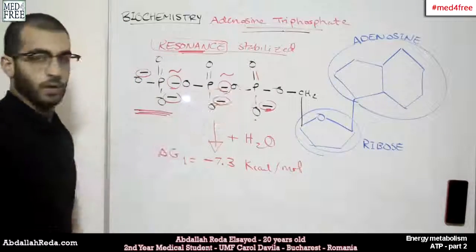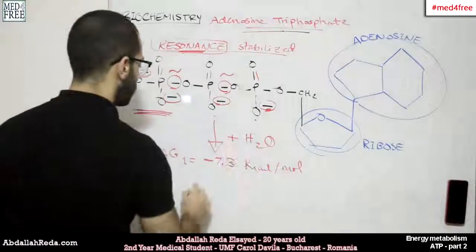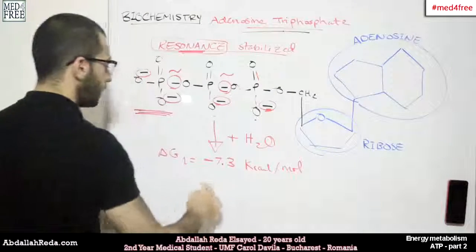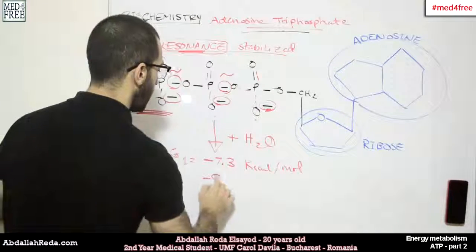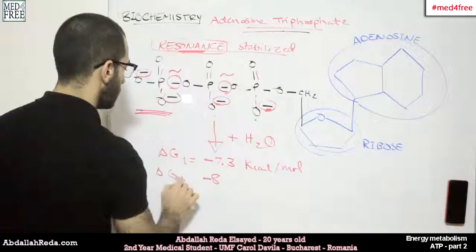If the second bond is broken, there is a release of -8 kilocalories per mole, so delta G2.